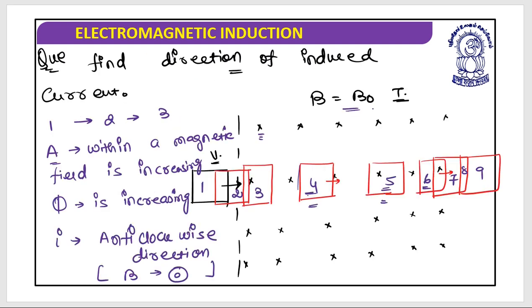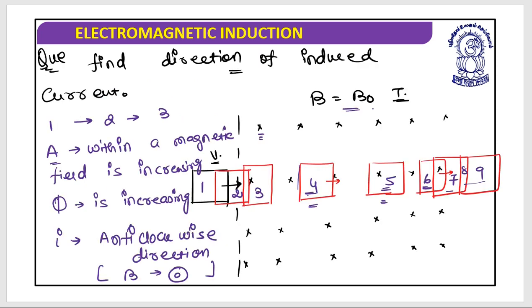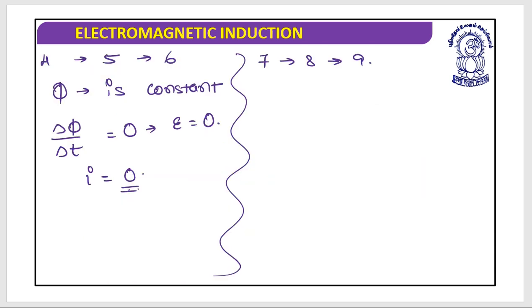So great. Now in this situation 6, 7, 8 and 9, it is a transitory session. Yes, so let's understand it's a 7 to 8, 8 to 9. As you can see, slowly it is moving outside, and at the 9th it is already completely outside. So from the 7 to 8 to 9, area is decreasing. When I say area is decreasing, do not understand that it is changing by its length.